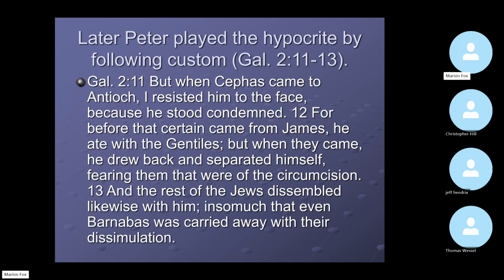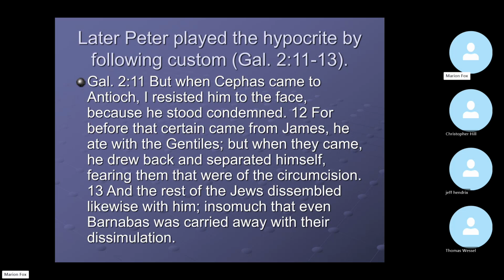But when they came, certain prominent people came from the church where James was, that would be Jerusalem. And they came, he drew back. Drew back from who? From the Gentiles, and separated himself from the Gentiles, fearing them that were of the circumcision.